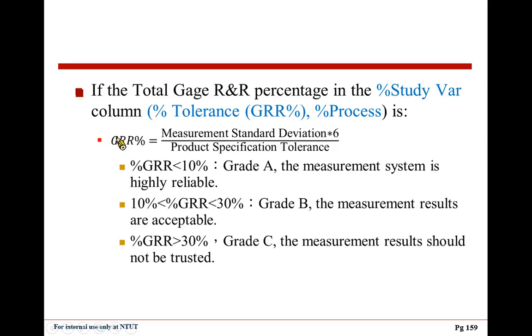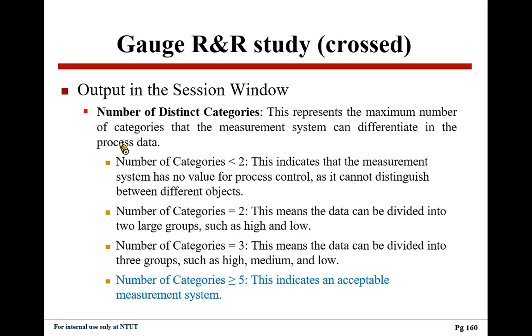That's the tolerance for the gauge R&R. If it is less than 10%, that's grade A, good. If it is between 10% and 30%, it is grade B, acceptable. If it is larger than 30%, that means grade C, cannot be trusted. Also, we can find the NDC. The NDC should be at least 5.